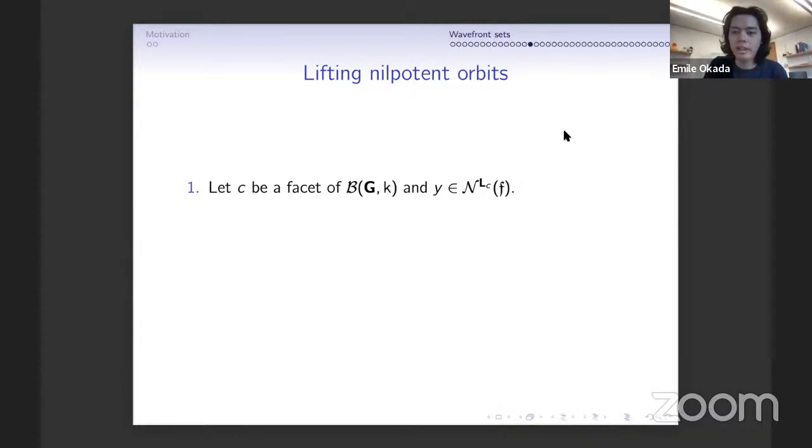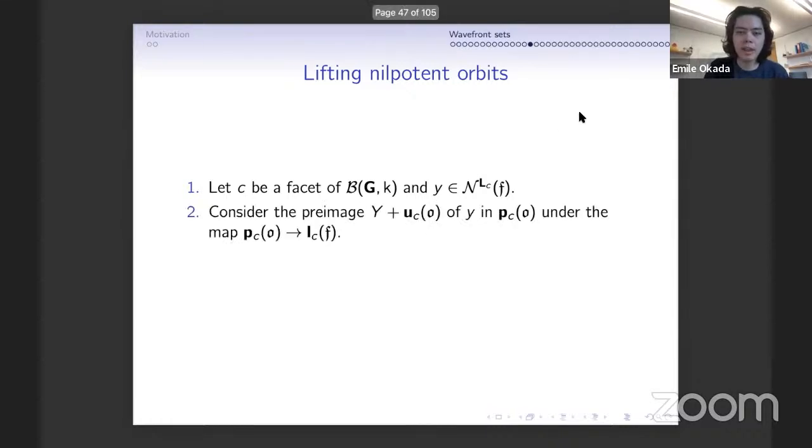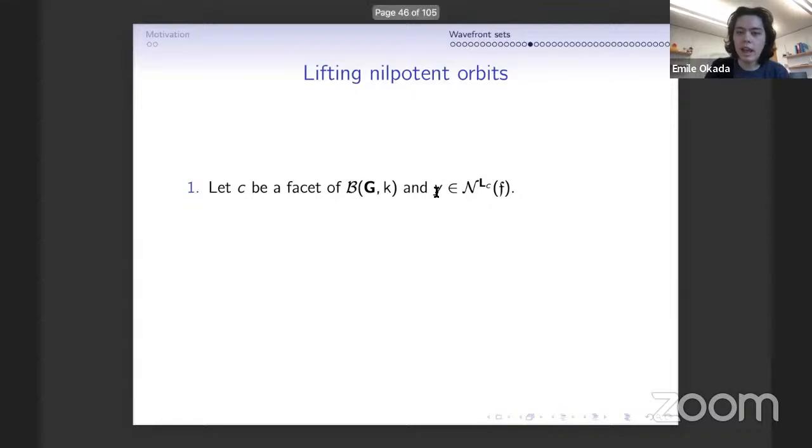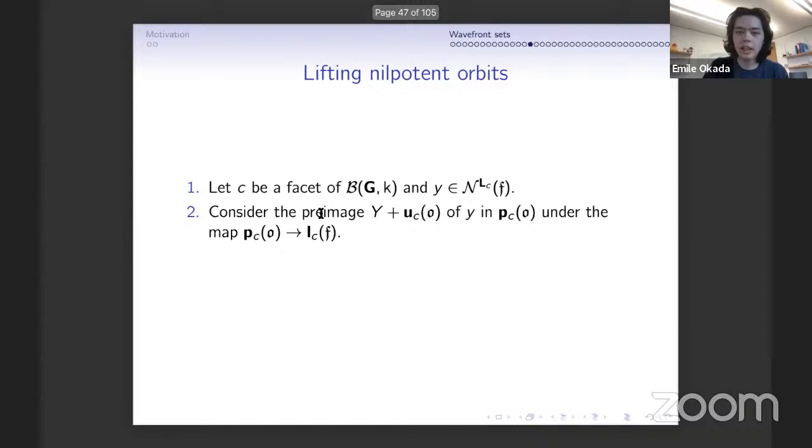And so let me briefly define to you how this lifting process works. So if we start with some facet of our building and a nilpotent element of the reductive quotient, then if you recall the short exact sequence from earlier, there's a map on the level of Lie algebras, and we can consider the pre-image, in the Lie algebra of the parahoric subgroup, of this nilpotent element.